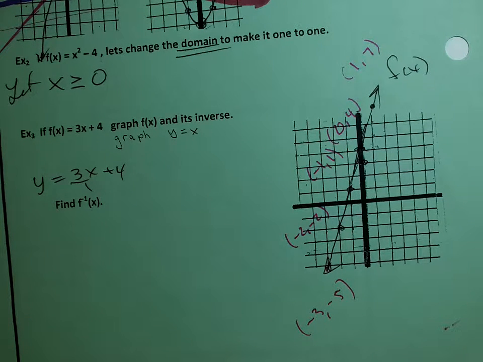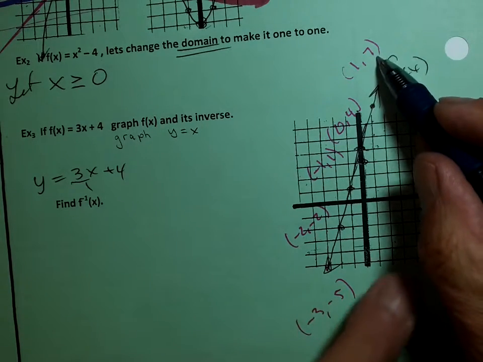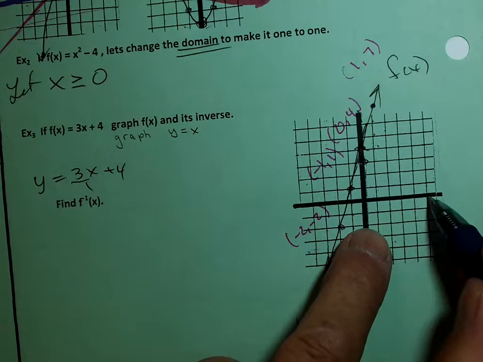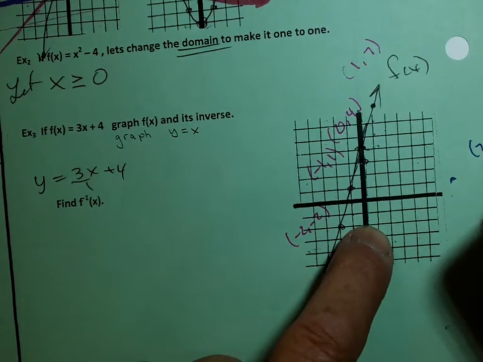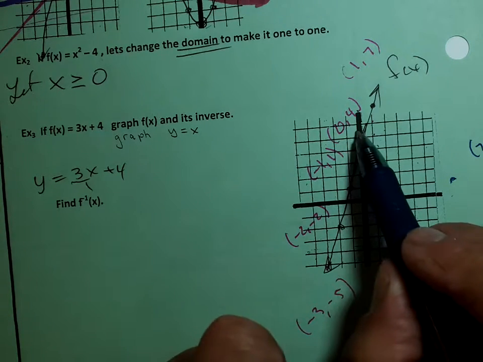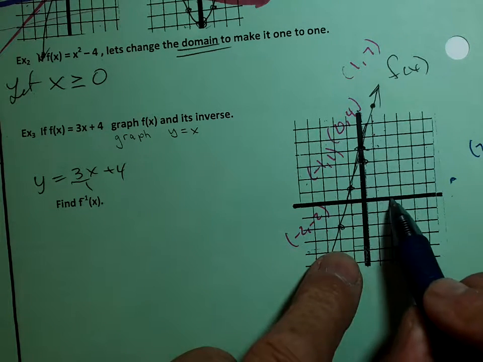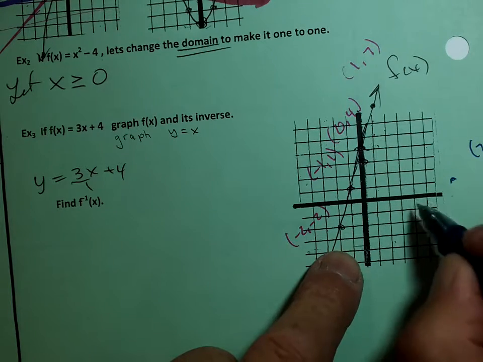Now, its inverse is switch the x and y's. So its inverse is going to have these points. You've done this before, haven't you? Yep. So my inverse is going to be at 7, 1. My inverse is going to be at 4, 0.